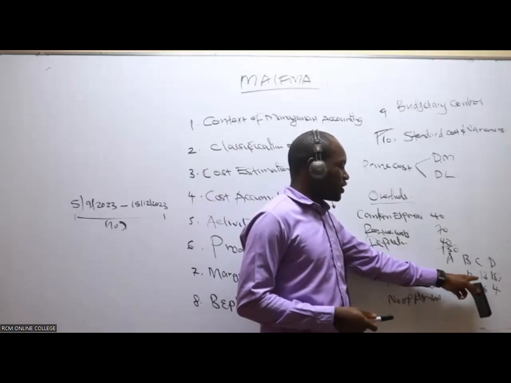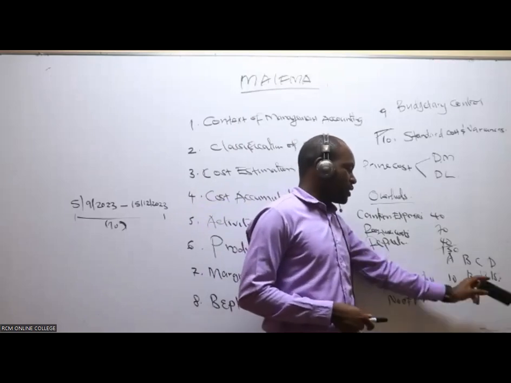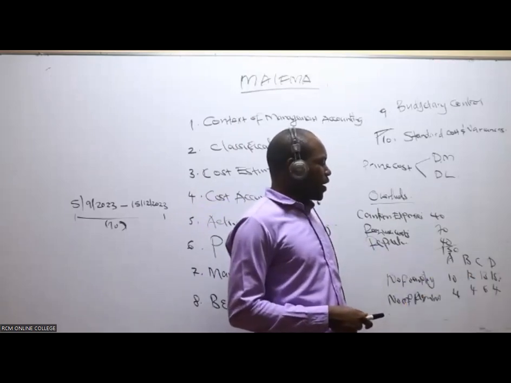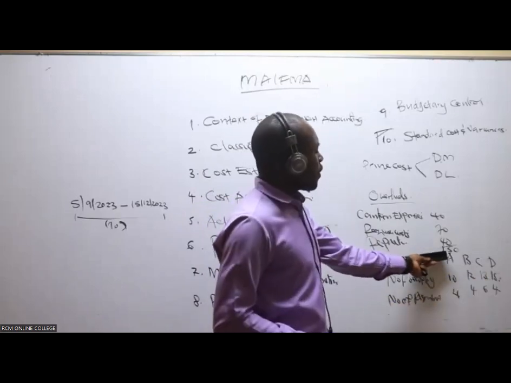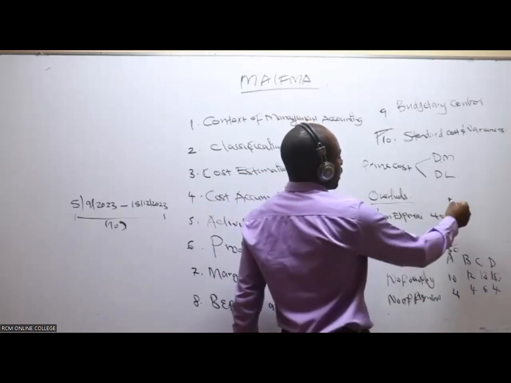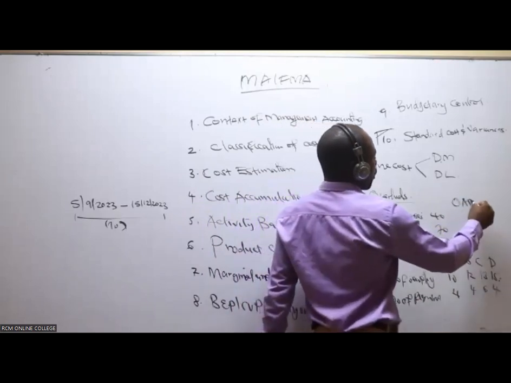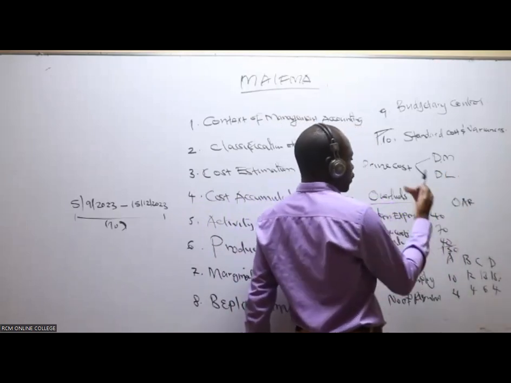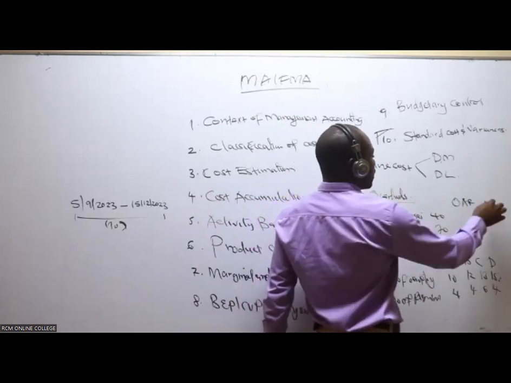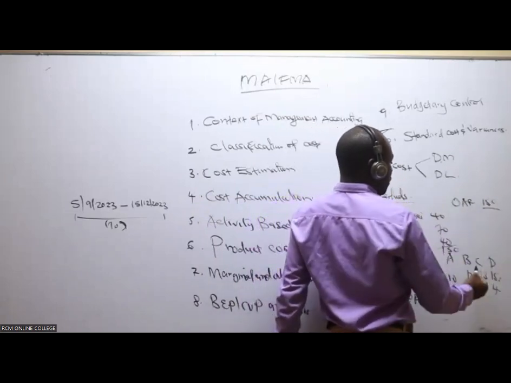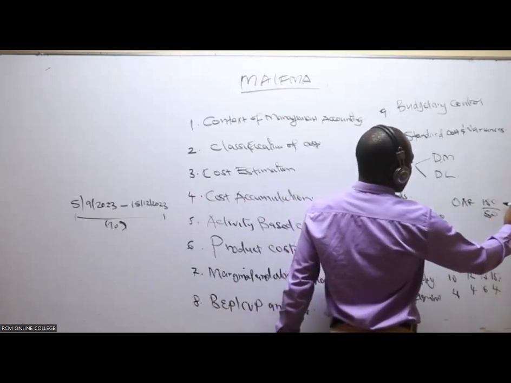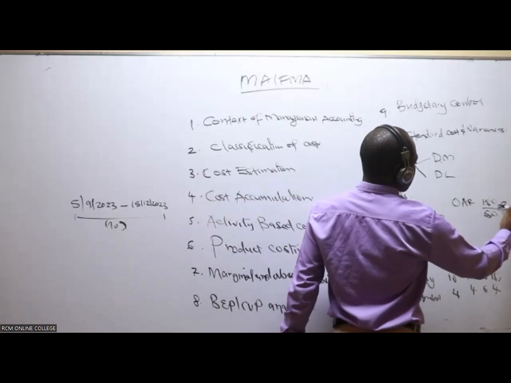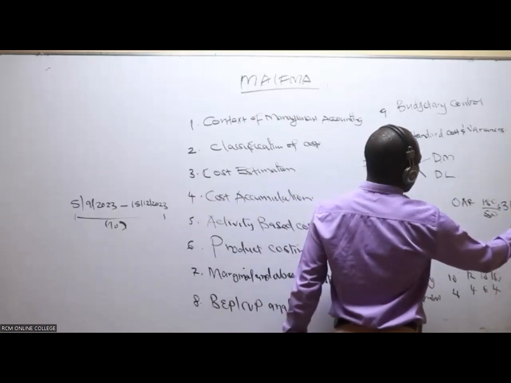We have 10 plus 12, that is 22, plus 13 will be 35, plus 15 will be 50. To get the overhead absorption rate, remembering topic number 4, I will take 150 and divide by 50, to get the rate as 3 shillings per employee.